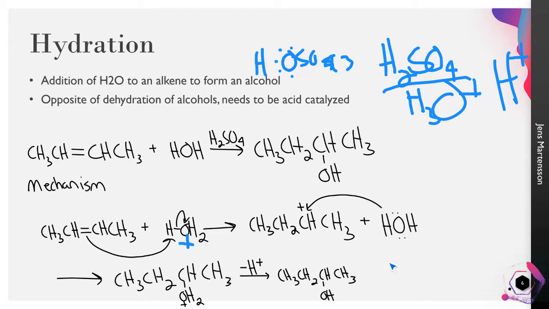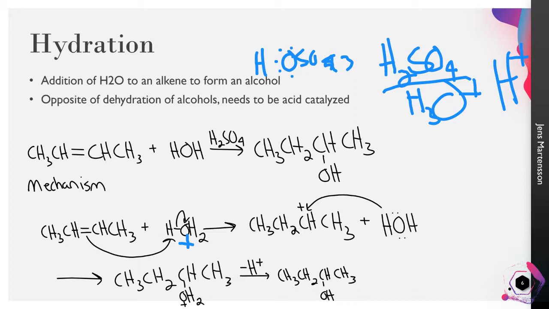Okay. Why do you have a positive charge on hydrogen? Because it came off of the OH. When it's a leaving group, the hydrogen comes off as a proton. Does that make sense? Because you added it on as a proton, it comes off as a proton, okay?